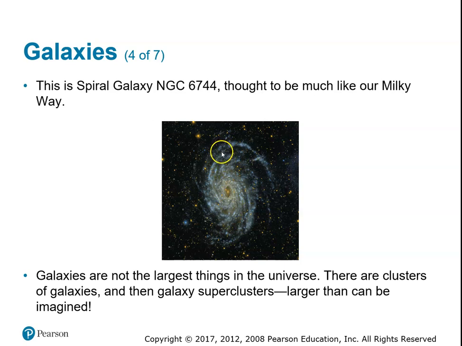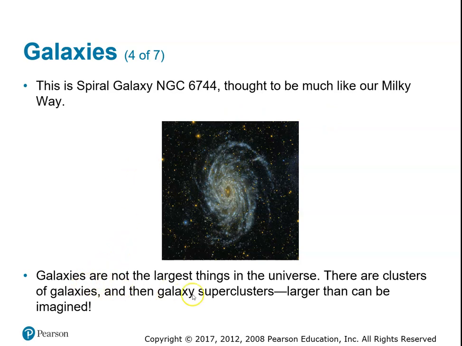So we live way, way out here. If this is the center of the Milky Way, this is not the Milky Way, of course. We're just representing this as the Milky Way. If we were to represent where our sun would be, right about right here, the sun is about 26,000 light years from the center of the Milky Way. All right, so there's a spiral very similar to the Milky Way.